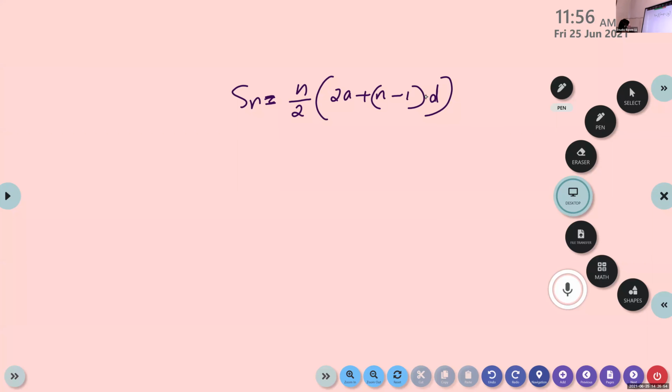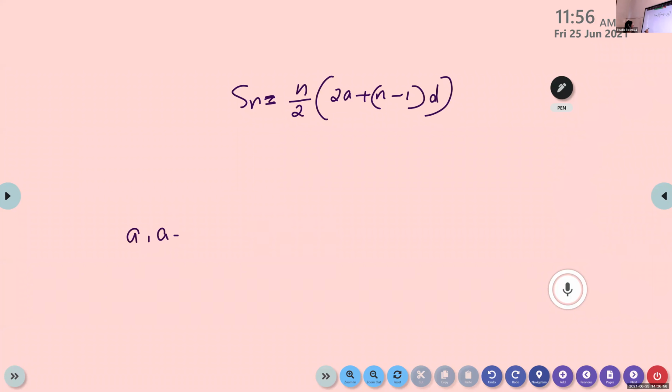If the last term is given, that is a, a plus d, a plus 2d, etc. The last term an, or a plus n minus 1 d, is given. If the last term is given, we will have another formula, which is a very simple formula.